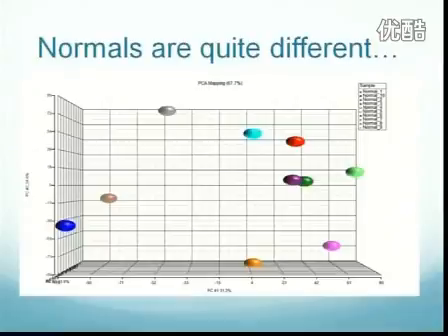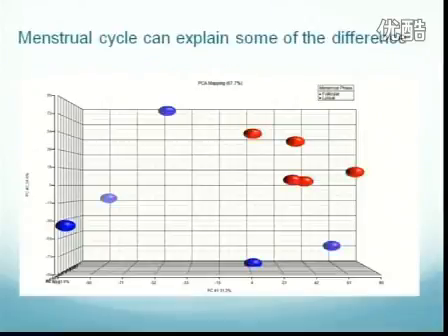But because we had really detailed clinical data on these samples, when we looked at a clinical parameter, we saw a nice, decent separation of these samples into two groups. The samples in red represent the follicular phase, which is premenopausal women on days 1 through 14 of their menstrual cycle. The samples in blue are women in the luteal phase, days 15 through 28 of their menstrual cycle.